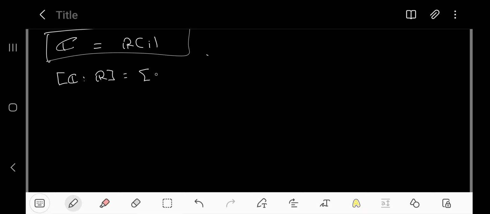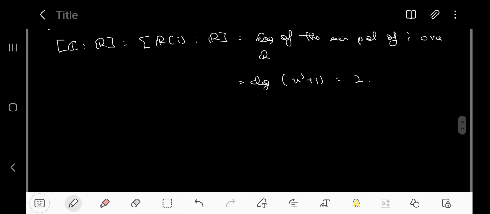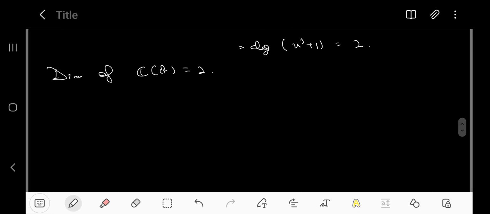It is basically the degree of the vector space R(i) over R, which should be the degree of the minimal polynomial of I over R, which is basically the degree of x squared plus 1, right, which is 2.